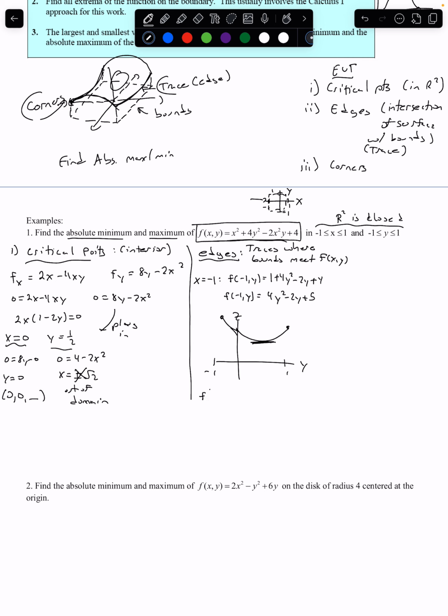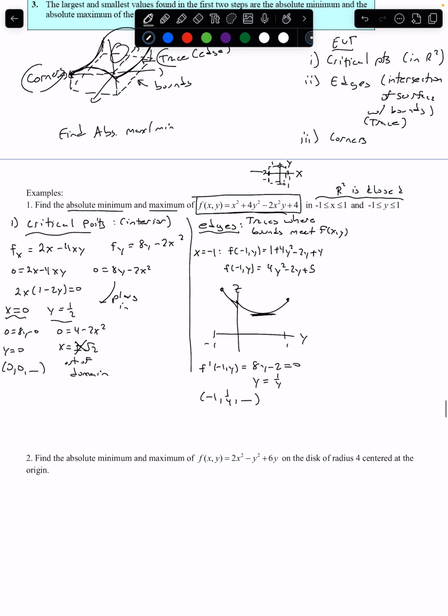We would say f prime of -1, y, the derivative there, becomes 8y minus 2, set that equal to 0. We get y is 1/4. So another possible critical point is -1, 1/4. There's another one. But that's not the only edge. We also have x equals +1.